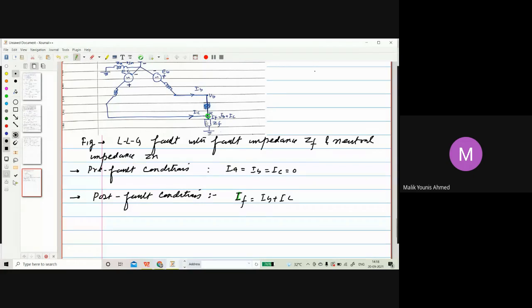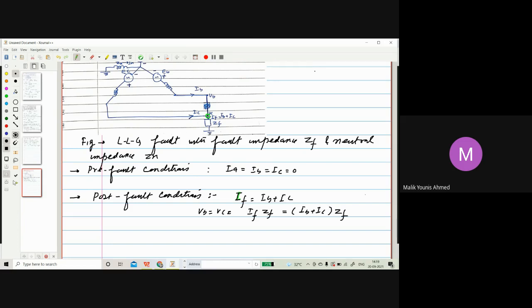ये short circuit line है. So those voltages will be same, but what will that voltage be equal to? That will be this voltage with respect to the ground path. VB will be equal to VC will be equal to ZF into IF. But IF we know is IB plus IC into ZF.